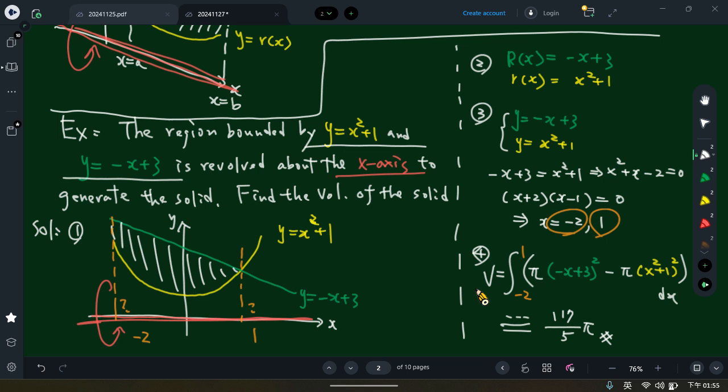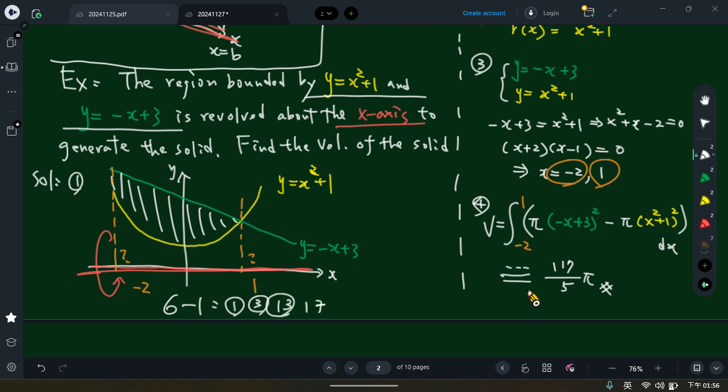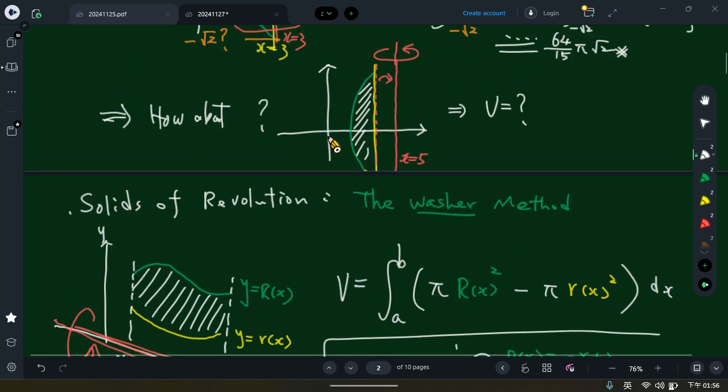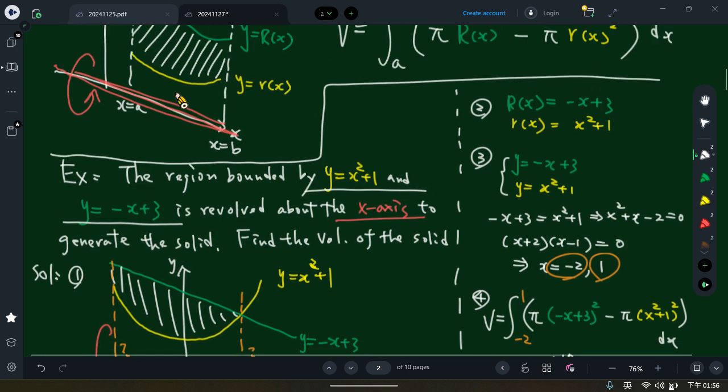Then this is section 1. From this method to the washer method, I just simply moved the rotation axis a little bit apart from this boundary.